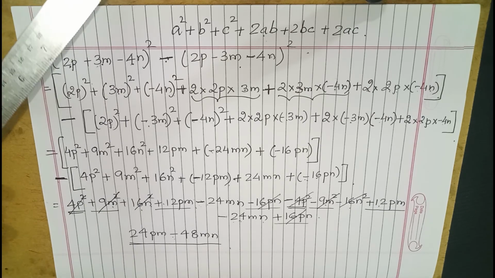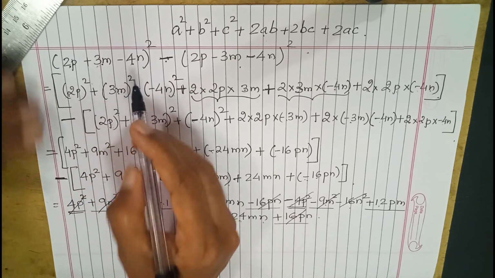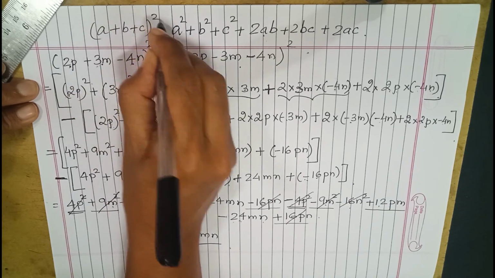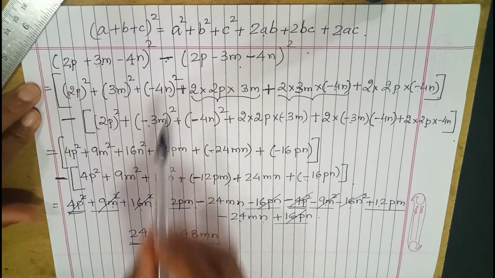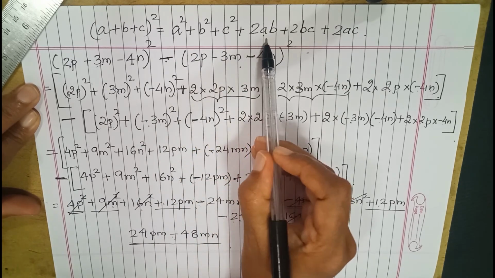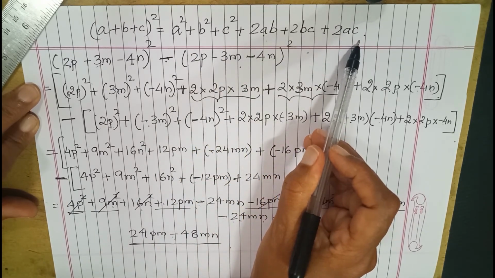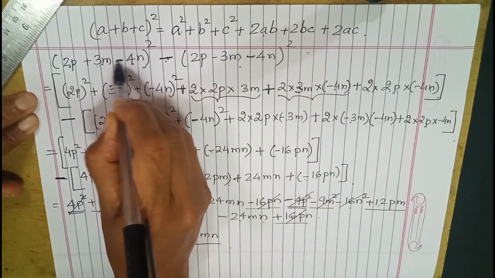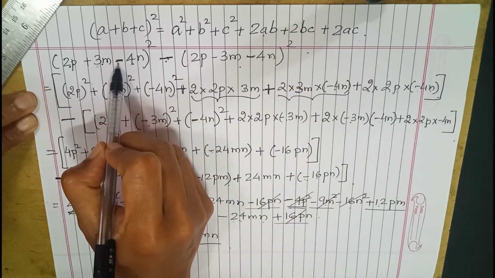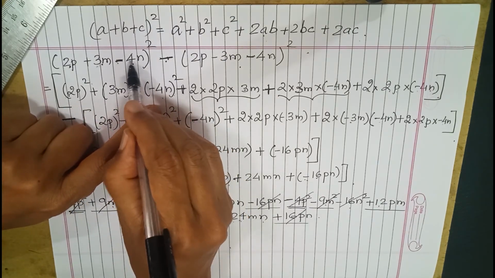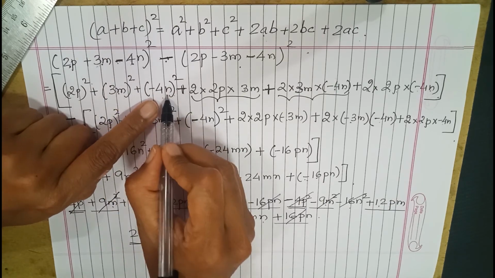So this is how you can simplify using the formula of a plus b plus c the whole square expansion, which is nothing but a square plus b square plus c square plus 2ab plus 2bc plus 2ac. What precaution you should take is, whenever any number inside has a minus sign, when you are taking it for opening the bracket or for multiplication, you should take that number along with the minus sign.